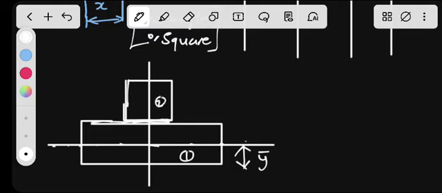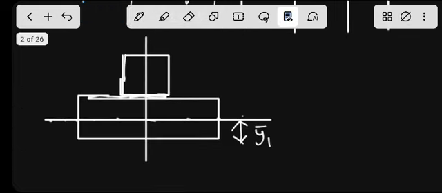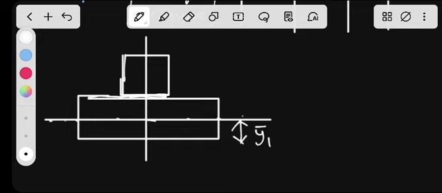For object 1 that will be y1. Then the distance there at the x-axis will be our x bar, and where they intersect is the position of the centroid, G, for object 1.